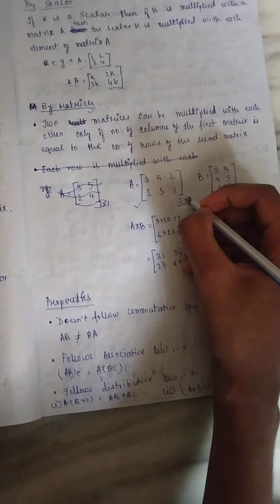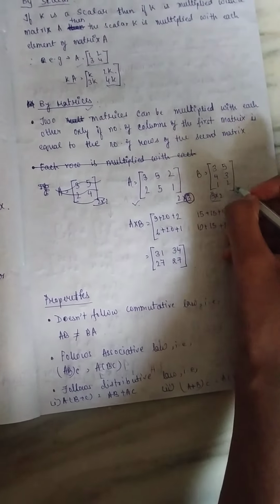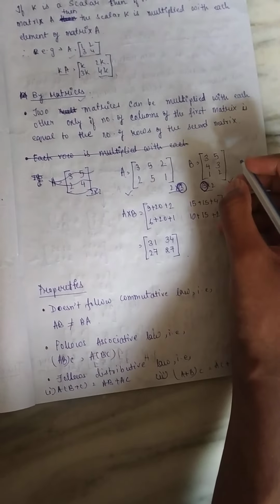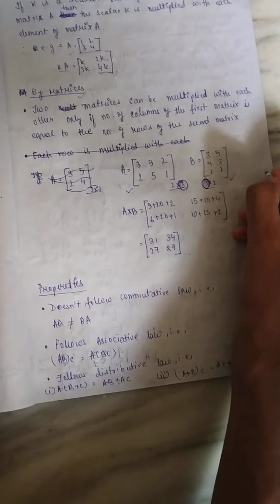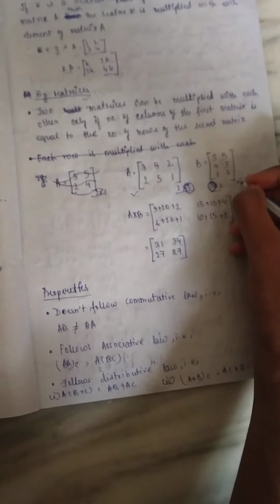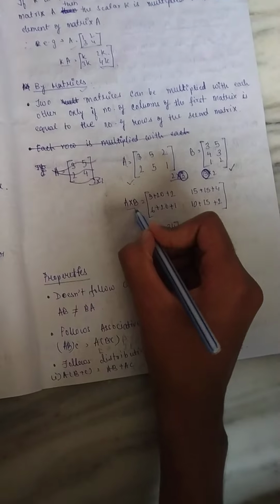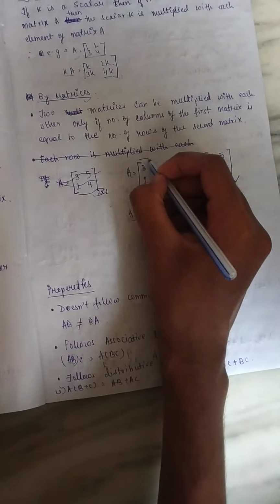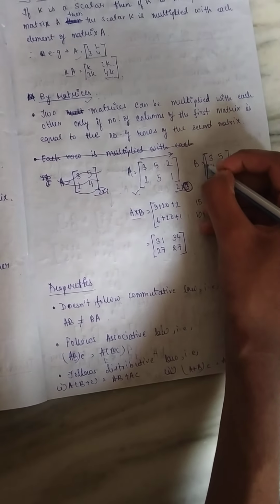In this case, the number of columns is 3 and the number of rows is 3, so the multiplication is possible. If this condition is not satisfied, we cannot proceed with the multiplication. Then after that, if we multiply, it goes like this: we multiply each row with each column.